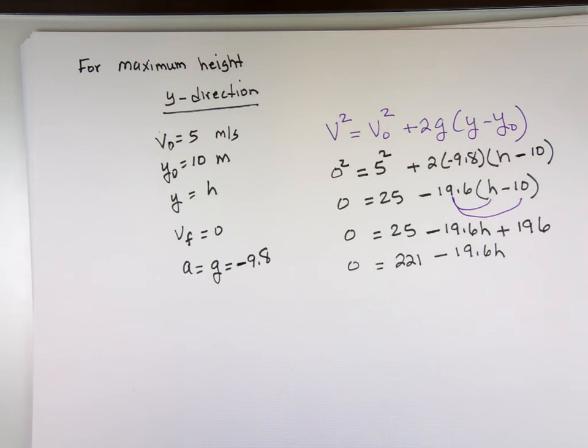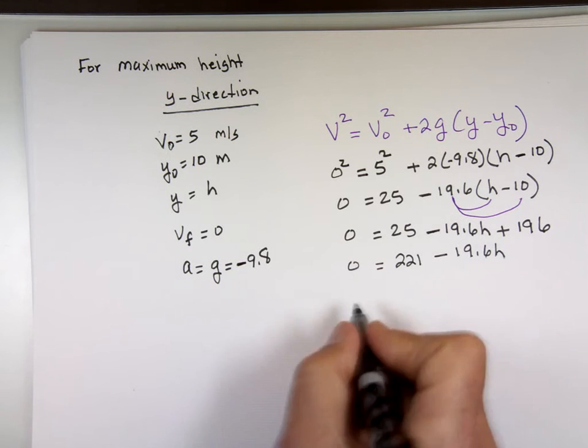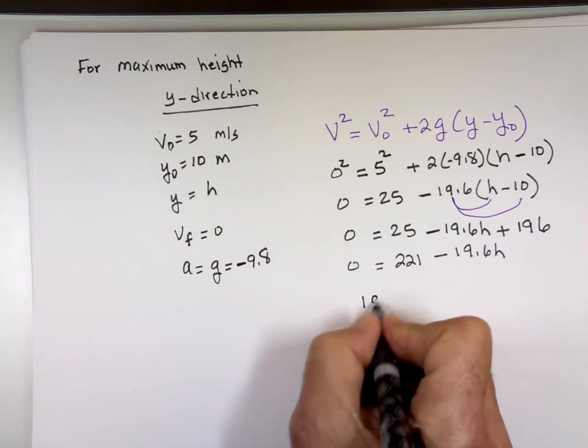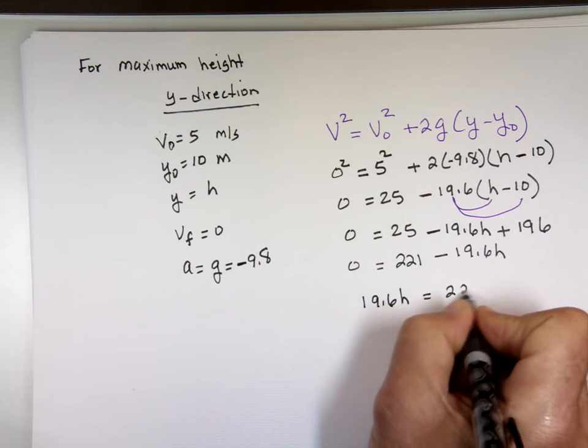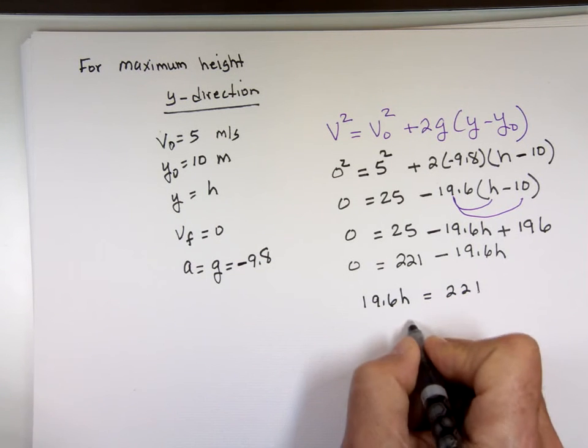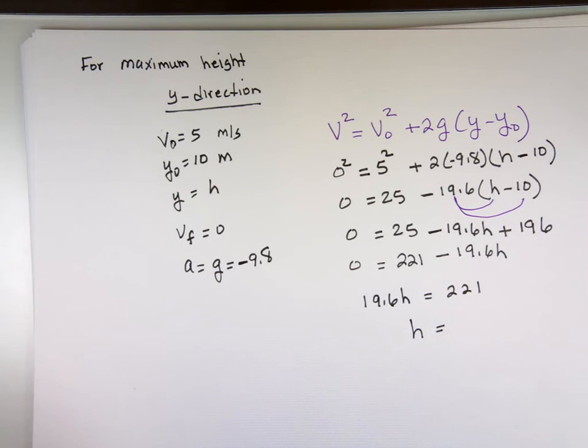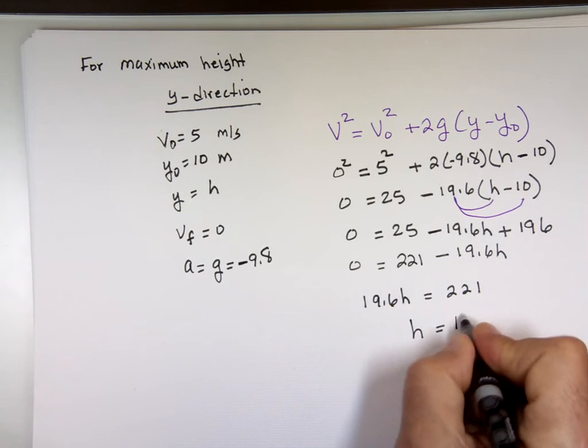Bring the 19.6h to this side, becomes a plus. What is h equal to? 221 divided by 19.6, which is 11.3 meters.